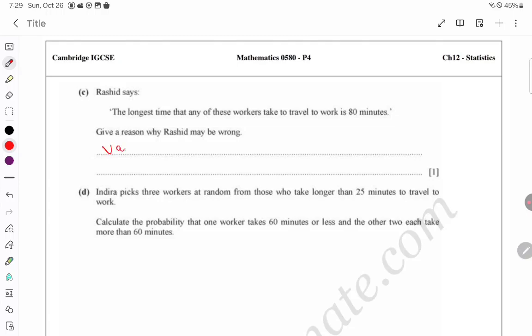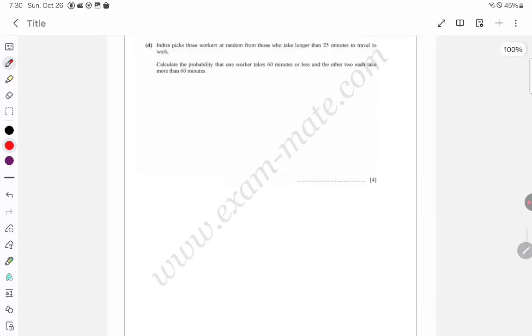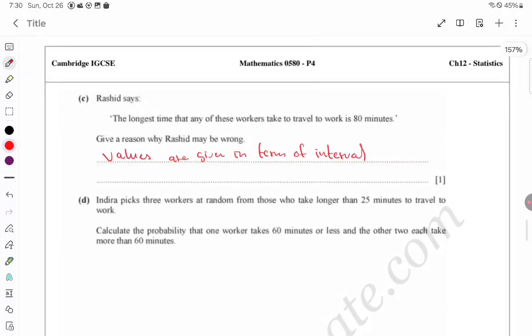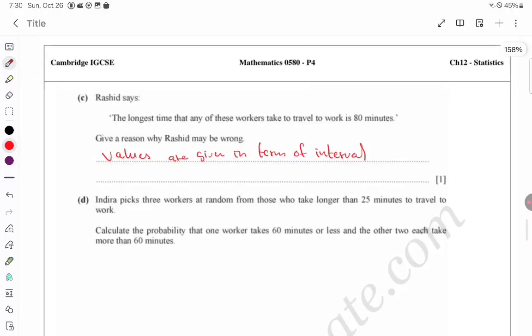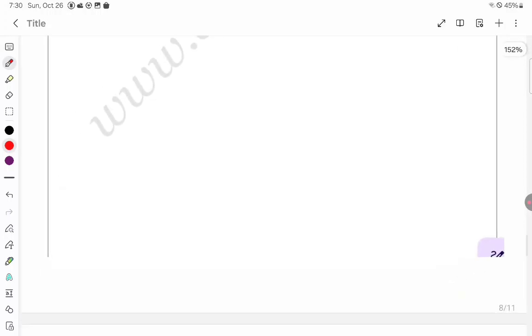The values given are in terms of intervals, and we can see in the given graph that it is in intervals of time. Rashid may be wrong because we don't know the exact values, since we have only been given the range.